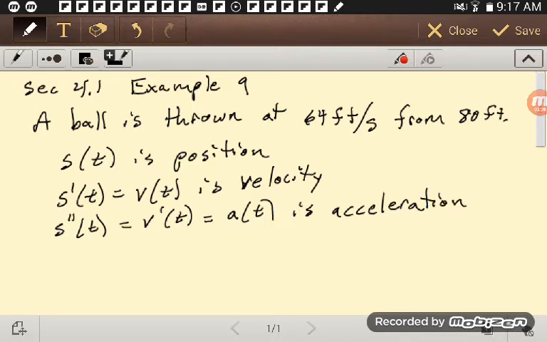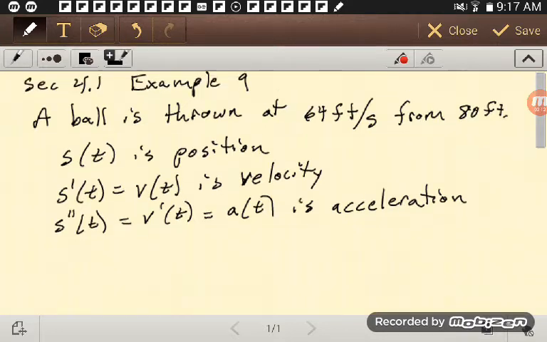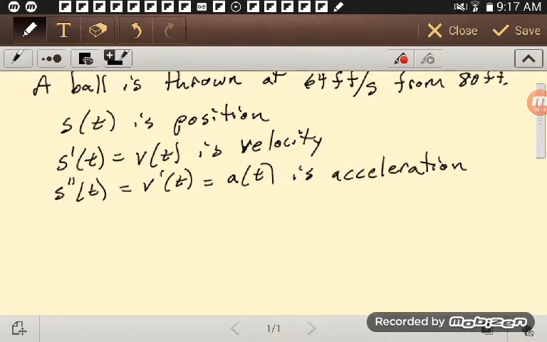Okay, so all we know really about the ball in terms of general physics here is that the acceleration is just gravity. And so a of t is equal to a constant, minus 32 feet per second squared.